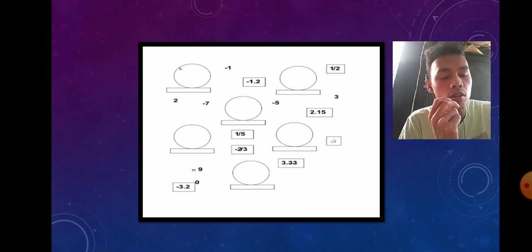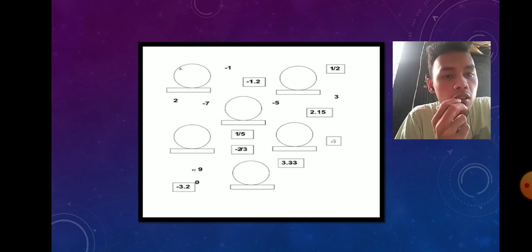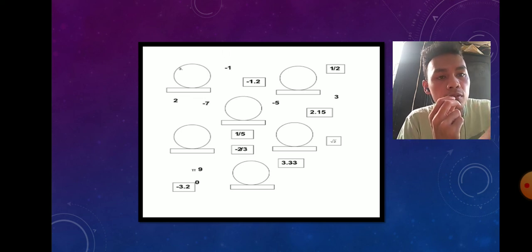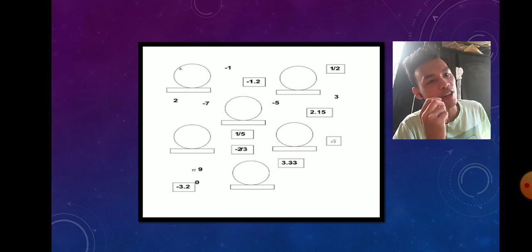They need to write it there. Then after that, they need to regroup those numbers in there. Negative 1, 2, negative 7, 1 half belong to fractions.